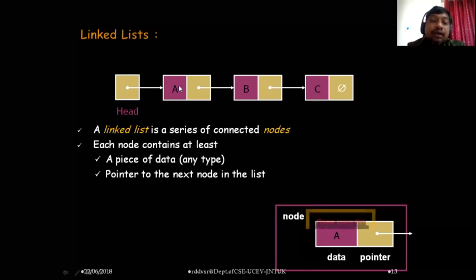At node 1 you can place A, at node 2 you can place 1, at node 3 you can place some floating point number, say 12.3. It's a general list. That is not possible with the array implementation. Arrays can hold only homogeneous data, elements of the same type.